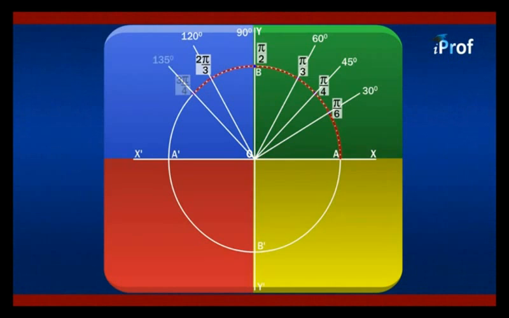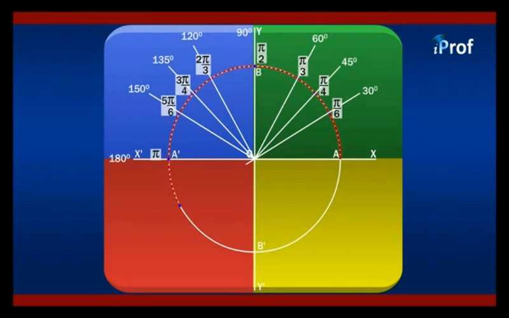At 135 degrees, this will be equal to pi by 2 plus pi by 4, that is equal to 3 pi by 4 radians. And at 150 degrees, it will be equal to pi by 2 plus pi by 3, that is equal to 5 pi by 6. And at 180 degrees, it will be equal to pi radians.